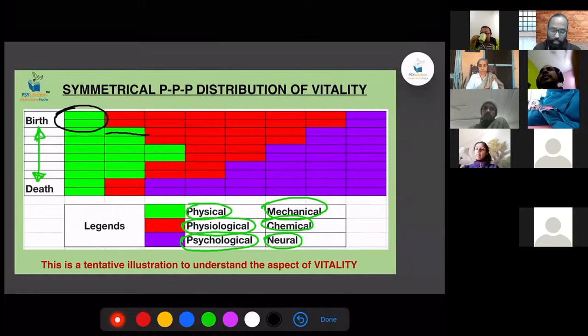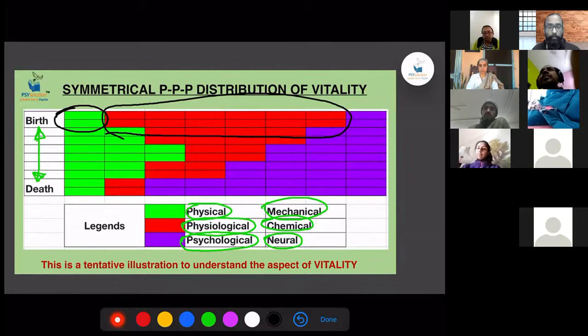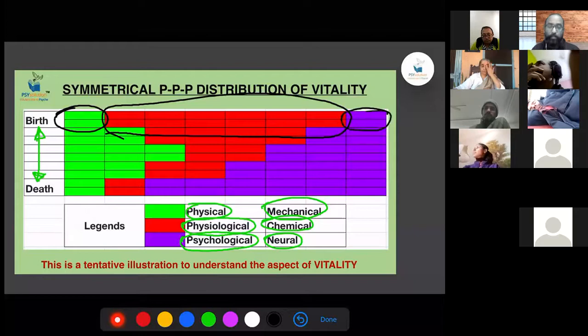The physiological allocation is the maximum, because babies are using most of their energy in the physiological domain to grow. That's why they sleep a lot and they grow, because most of the vitality is allocated there. And the neural development is also not there, so the least vitality is allocated in the neural domain. Primary is the physiological allocation of the vitality after the birth.